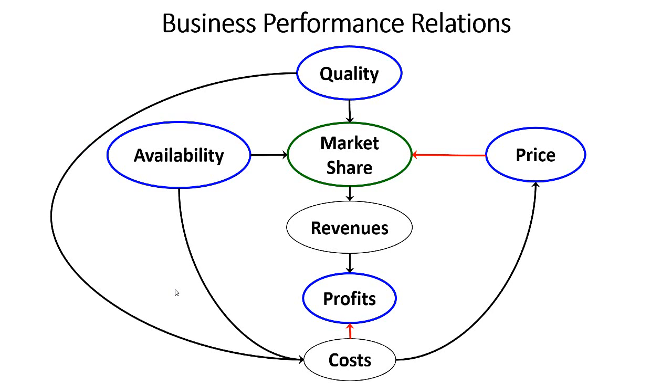Same thing with quality. If we want to increase the quality of products and services, we're going to have to make an investment. Our costs will go up, and we follow that flow out of costs. If our costs go up, it's likely that our prices will increase, and then we will lose market share.